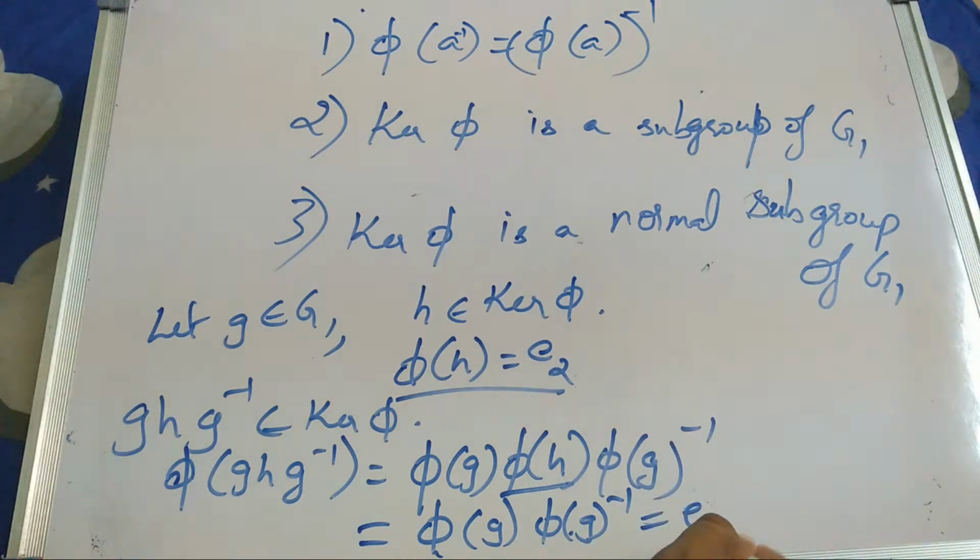So this will be nothing but E2. So this says that g h g inverse belongs to kernel phi, and hence given any homomorphism between any groups, the group need not have any special property, then the kernel phi is going to be a normal subgroup of G, the domain.